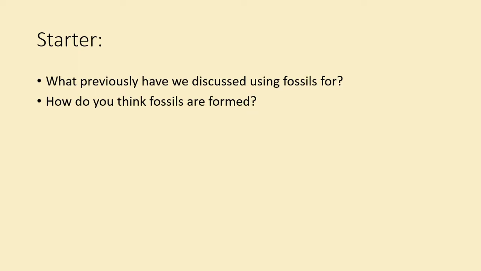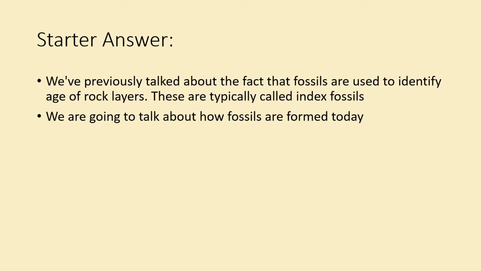Okay, so at this point you should have answered the first question and come up with a theory for the second question. So we're looking at our starter. We previously talked about fossils and how they're used to identify the age of rock layers. We've also talked about this idea of an index fossil, which is a fossil that's really abundant in that rock layer, and we find it all over the place geographically.